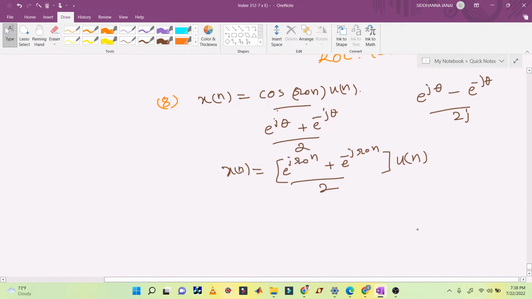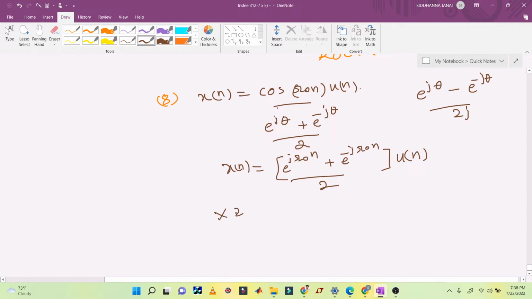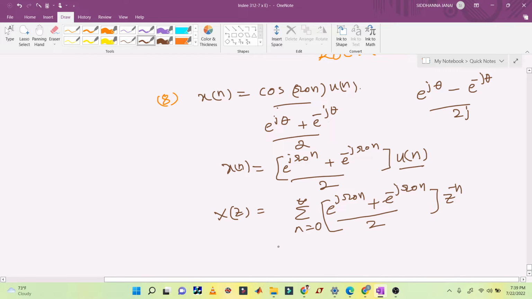So if we substitute that, x of z will be summation n is equal to 0 to infinity. Remember this because of this multiplication, the limits minus infinity to plus infinity become 0 to infinity. E to the power j omega naught n plus e to the power minus j omega naught n divided by 2 multiplied by z to the power minus n.